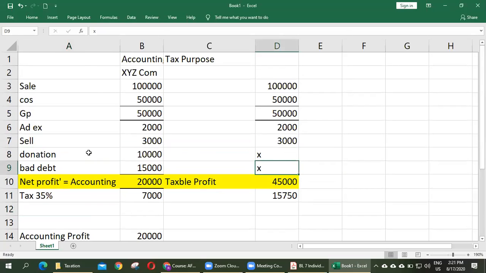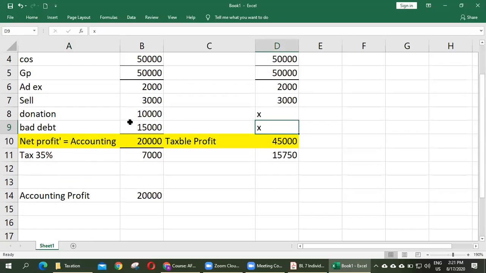They were already deducted in arriving at this 20,000, but according to the provisions of the Inland Revenue Act, these expenditures are not allowable.